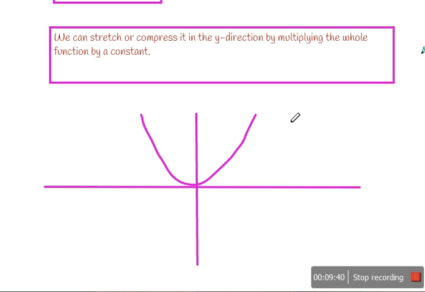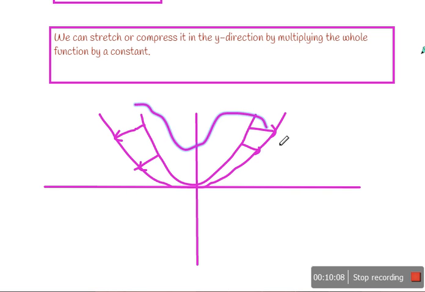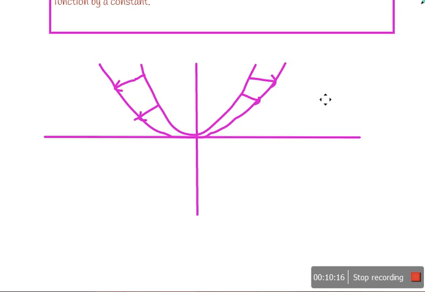Now see what happens. The graph looks like that. Here the graph is compressed. This was the initial position, right? And the graph compresses and becomes like that.